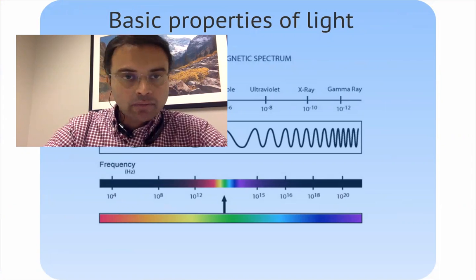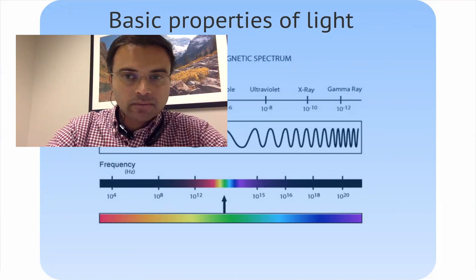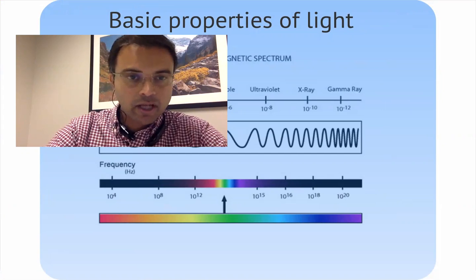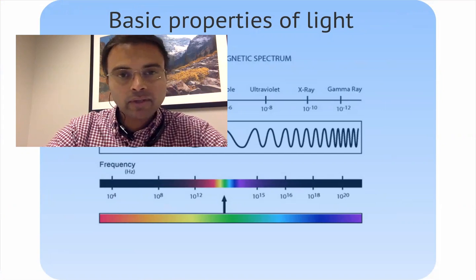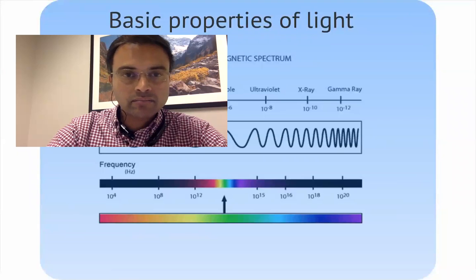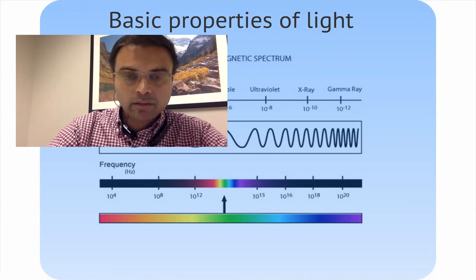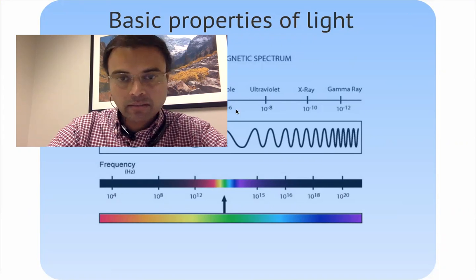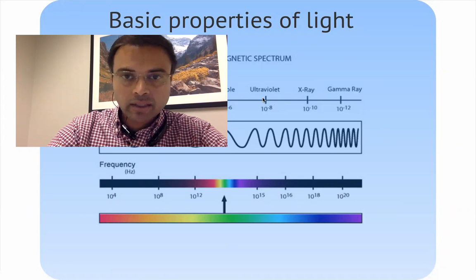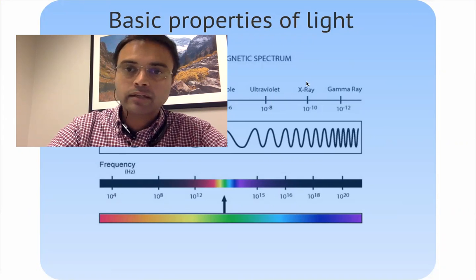It can range from a kilometer of wavelength, that's a radio wave, down to a centimeter, a microwave, down to a micron, the infrared, and about a few hundred nanometers, the visible, and shorter than that, you have the ultraviolet, X-ray, and gamma rays.